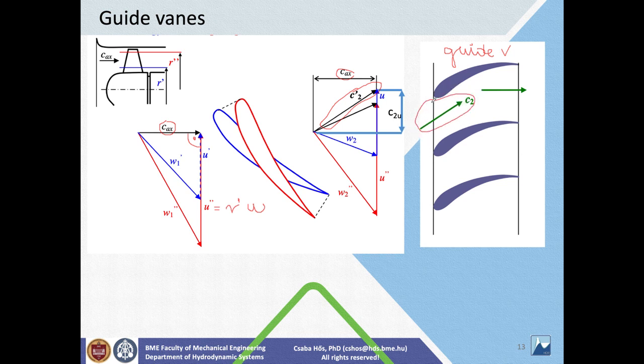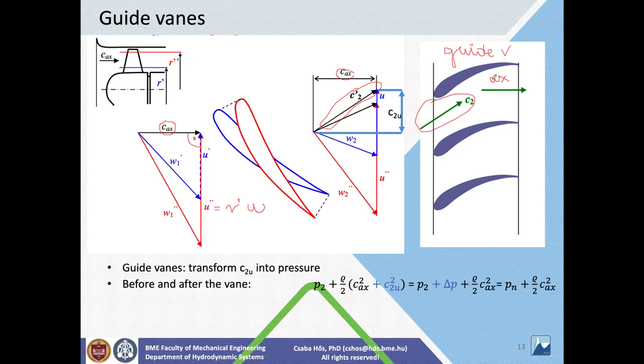So it's very simple. All what I do is that I make it purely axial again. Okay? Now it doesn't seem to be a big thing, but it is. Because if you have a look at this figure, what we basically did, we turned C2U into pressure, okay?